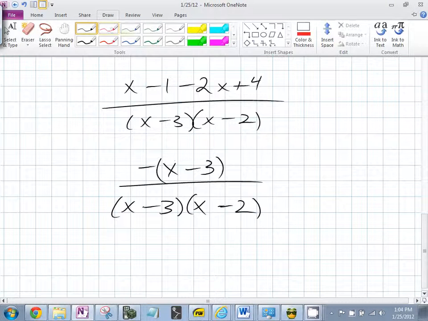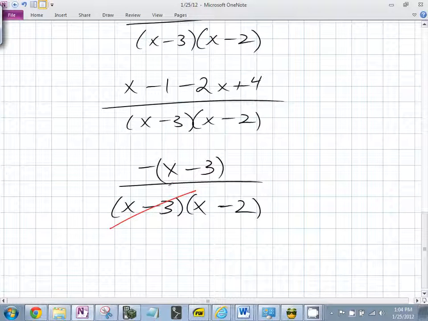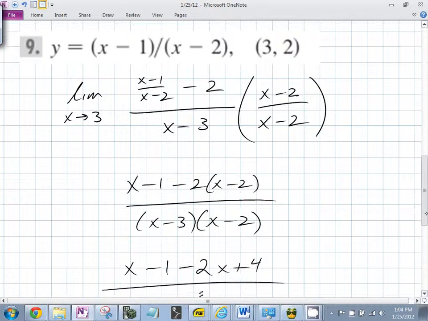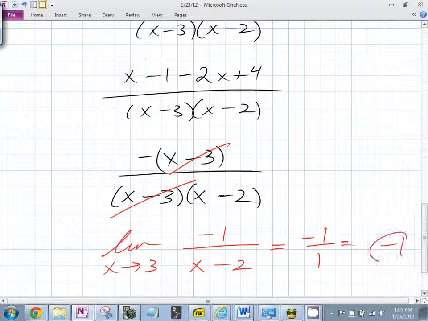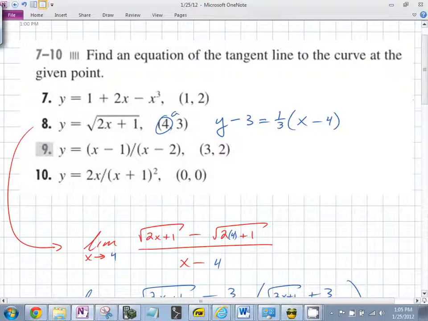Now what can cancel? So now you have the limit as x goes to 3 of negative 1 over 1, which is all done. So if that's the slope, negative 1, what's the equation going to be? Y minus 2 is equal to negative x minus 3.